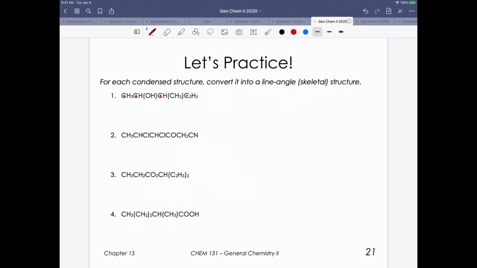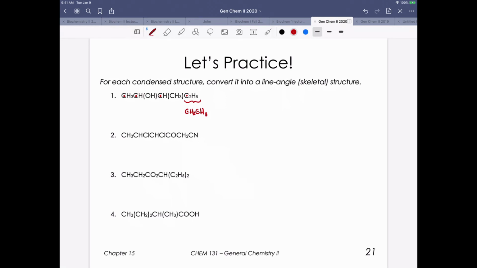This one is a little bit weird, so I'm going to draw out what it looks like. I don't like that I left it this way here. This is not an uncommon way to show a CH2CH3 group, but because it can get confusing, I want to highlight it. So that's actually going to be 2 dots.